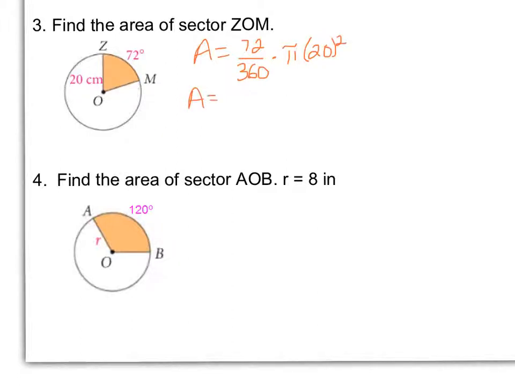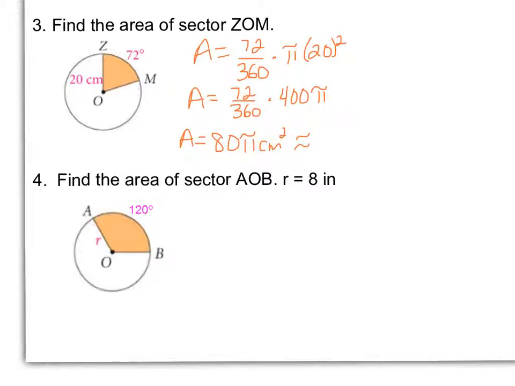So simplifying, we have 72 divided by 360 times 400 pi, and multiplying through and reducing, we get 80 pi centimeters squared.